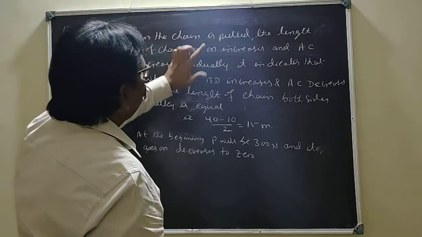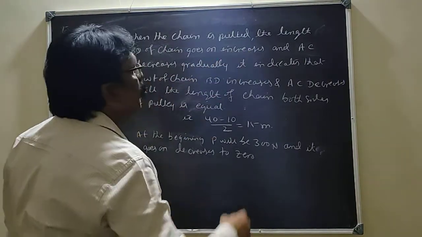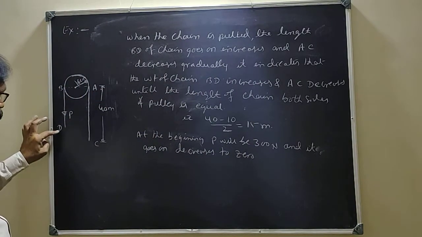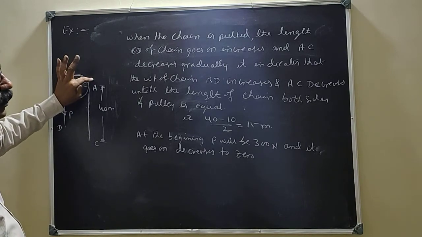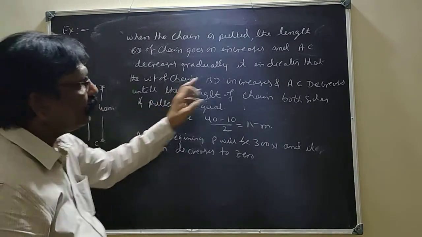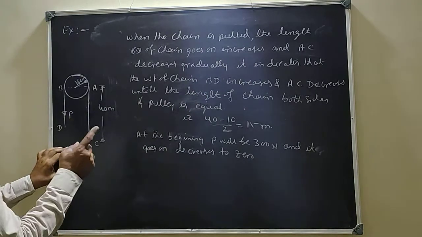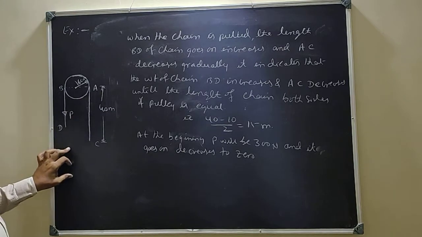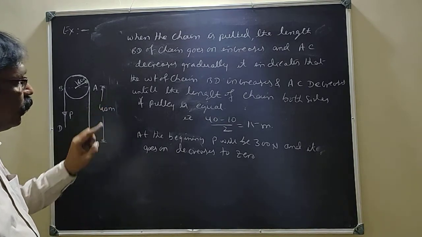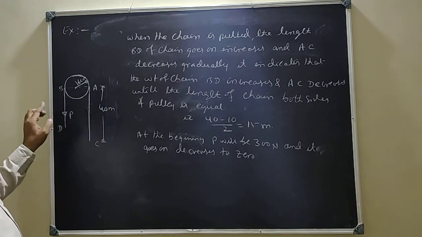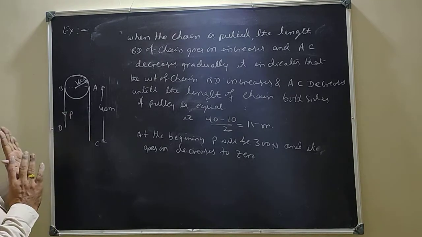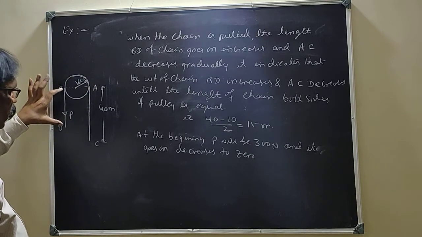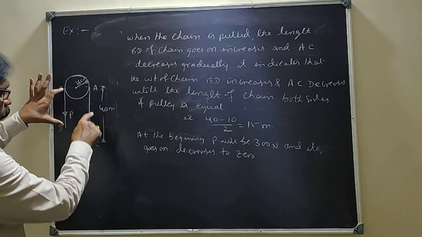So when the chain is pulled, the length of the BD goes on increasing, whereas AC goes on decreasing gradually. So it indicates that the weight of the chain BD goes on increasing and AC goes on decreasing until the length on both the sides of the pulley is equal. That means now 40 minus 10, the difference will be 30.